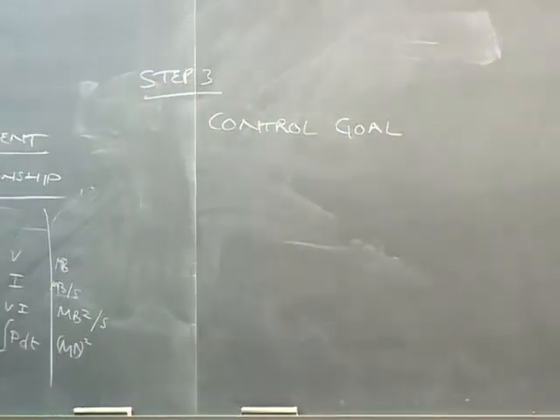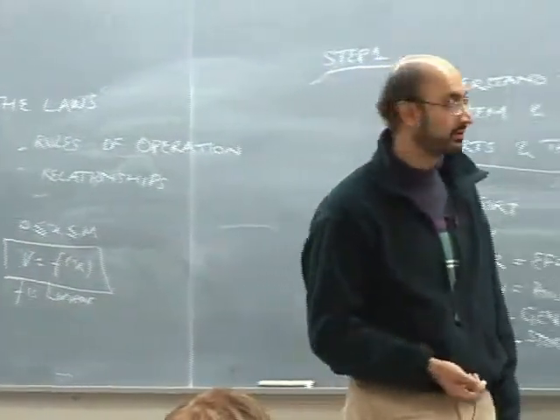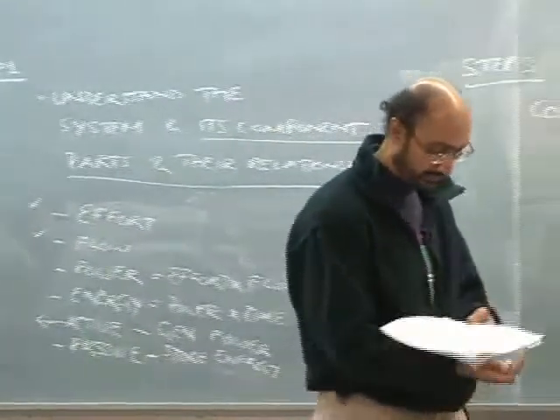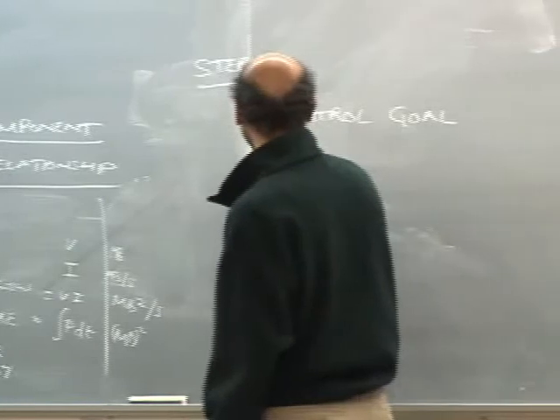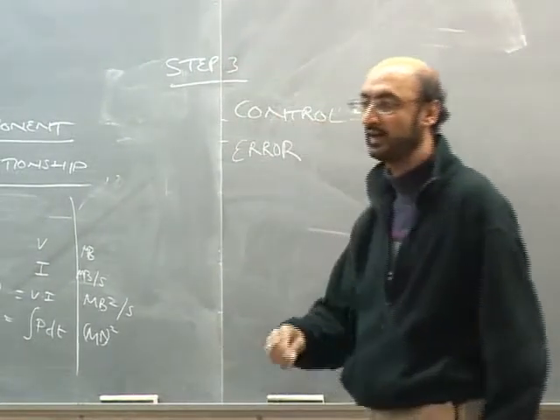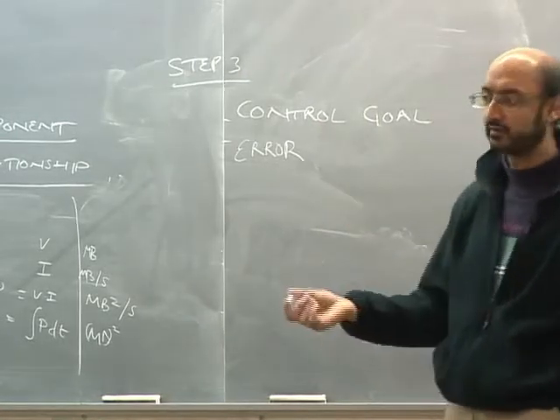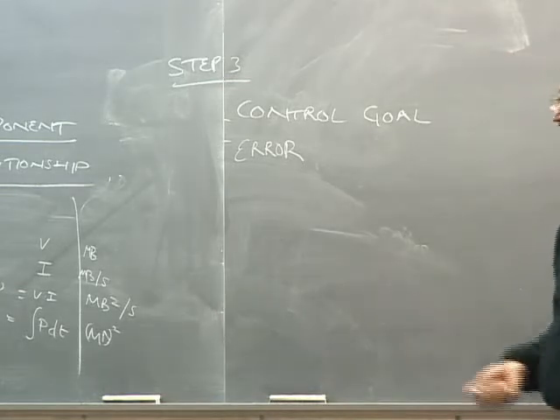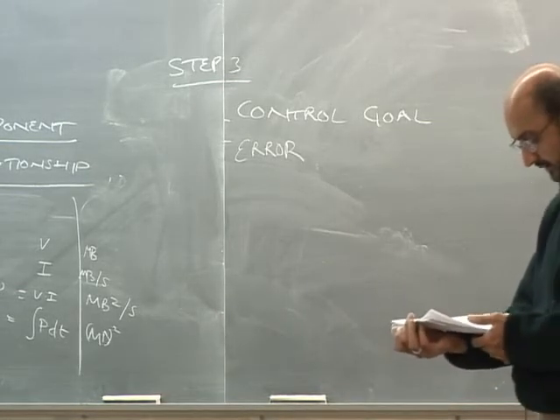In the case of the speed, I wanted to achieve a particular control goal, which is to achieve a particular velocity, a particular speed. And then you want to say what is the allowed, permissible error. Sometimes you have that, what's the tolerance? So I can have the speed, and I'm okay with plus minus 1 meter per second, plus minus 10 meters per second, whatever. That's the error, and that's a tolerance that we want to try and have.